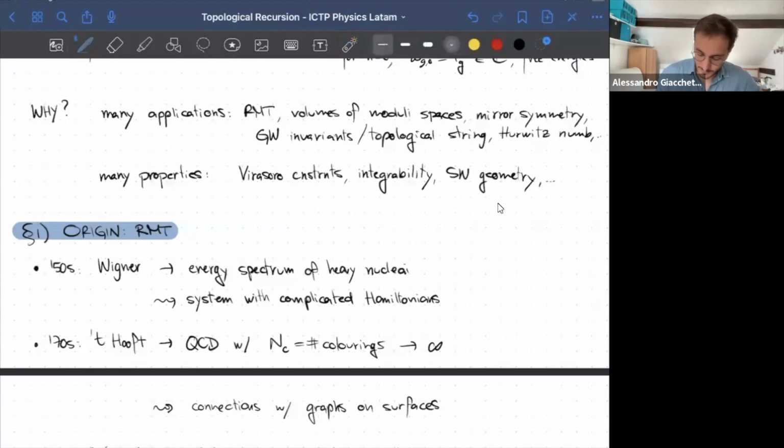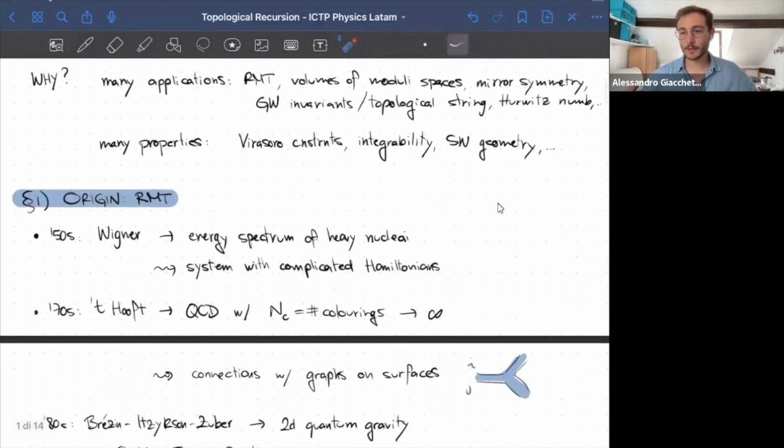Essentially the propagators in this kind of theory are indexed by indices in your matrices, so the interaction will look something like this. And this is a graph that you can draw on a surface, right? So the Feynman diagrams in this kind of theory are not just graphs; they are graphs on surfaces. We will see later how this is very important in the theory of topological recursion.